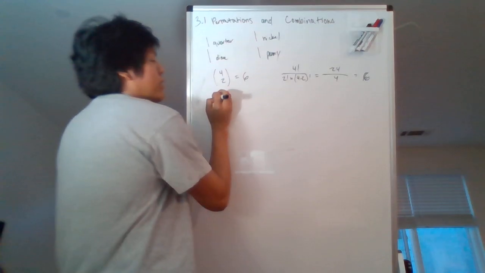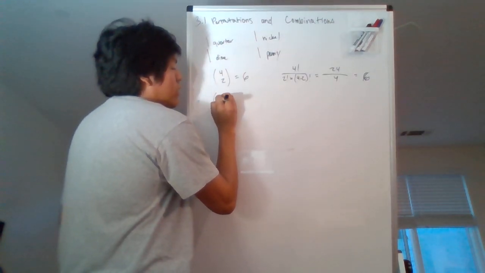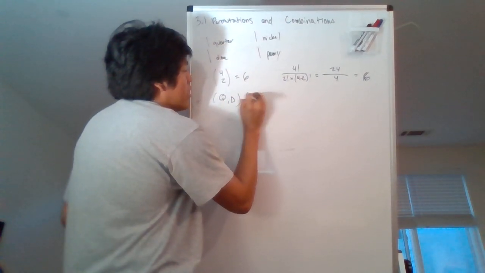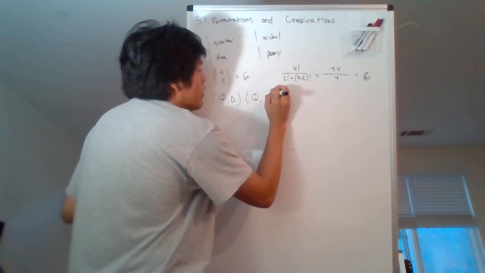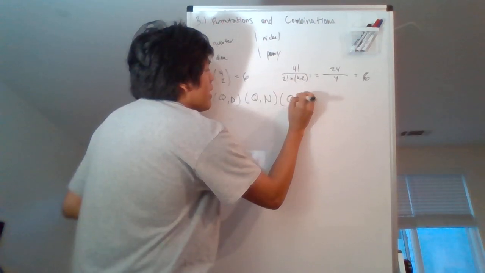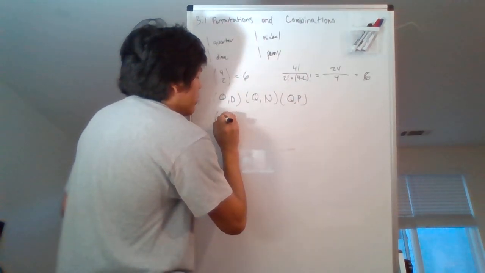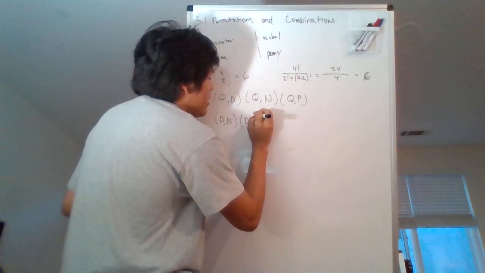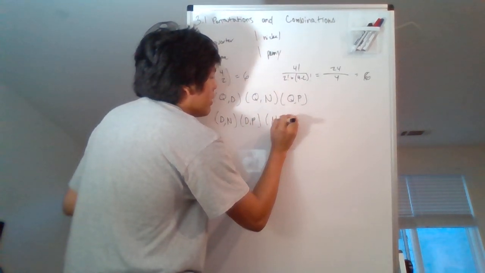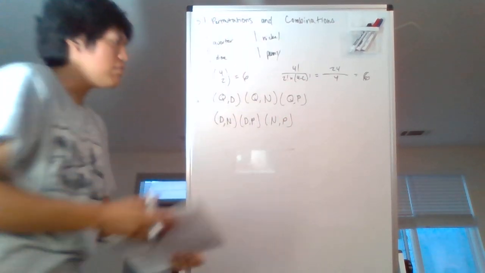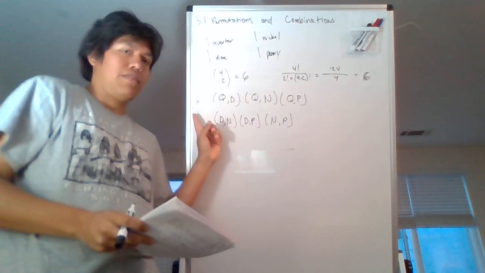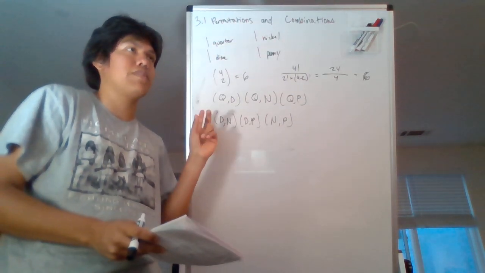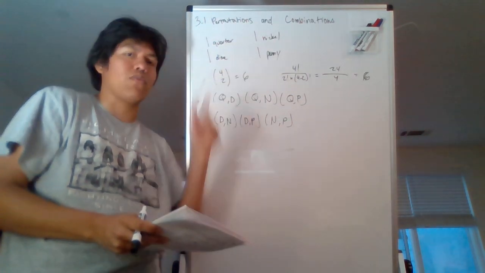So we have quarter and dime, quarter nickel, quarter penny, dime nickel, dime penny, and nickel penny. So these are the 6 possible different ways that we can pull out 2 coins from a purse that has 1 of each coin.